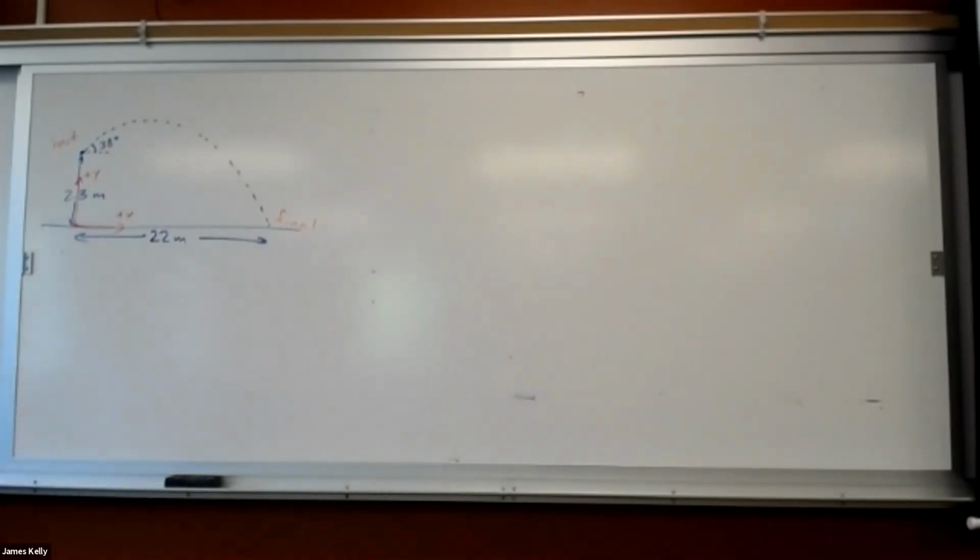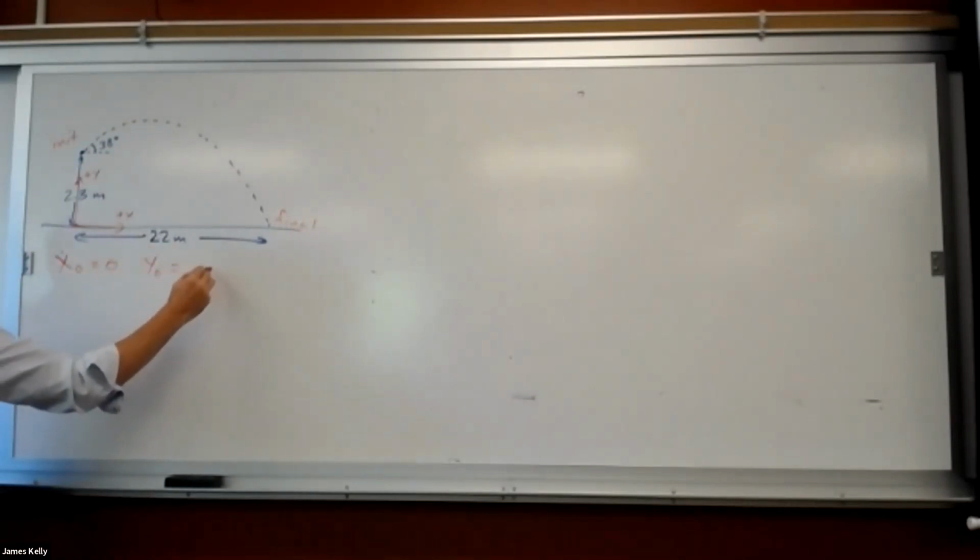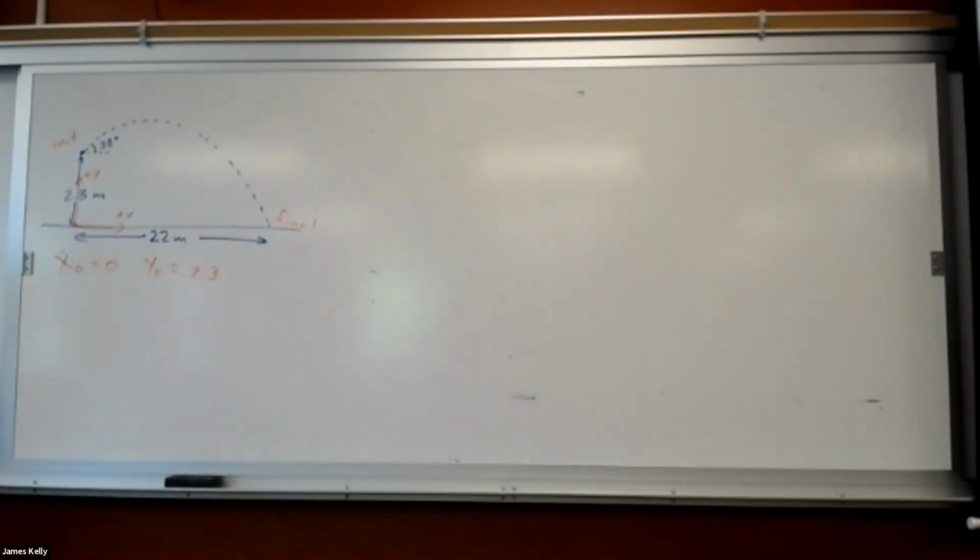So let's just write it down. Initial x is 0. Initial y is 2.3 in my coordinate system. Initial Vx0, the initial x component, well, I don't know that, and I don't know Vy0.